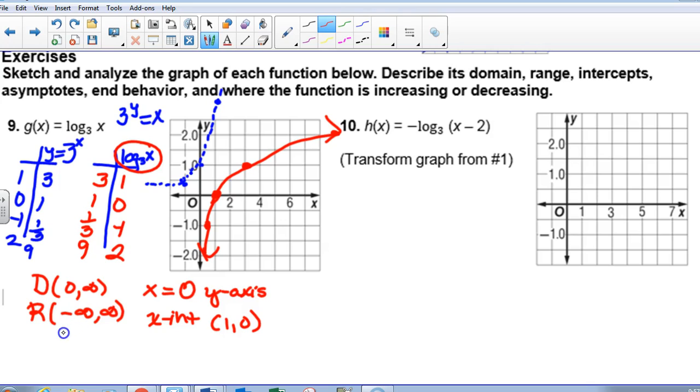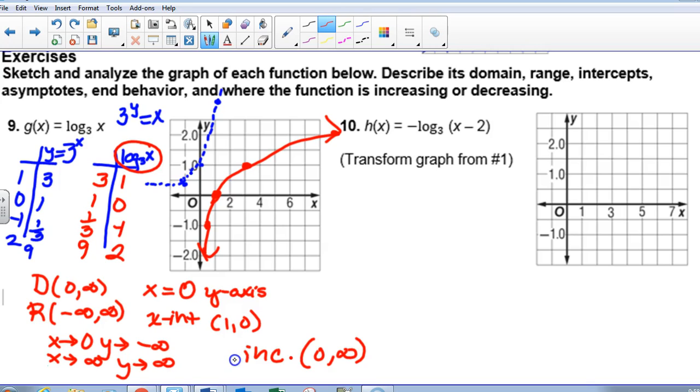End behavior, as x approaches what? Be careful, x doesn't ever approach negative infinity. As x approaches 0, y approaches negative infinity. That's the left side. Everybody okay with that? Kind of confusing. The right side would say as we get incredibly big, y will approach infinity. And is this graph increasing or decreasing? It is increasing on the interval 0 to infinity. Does not have negative values.